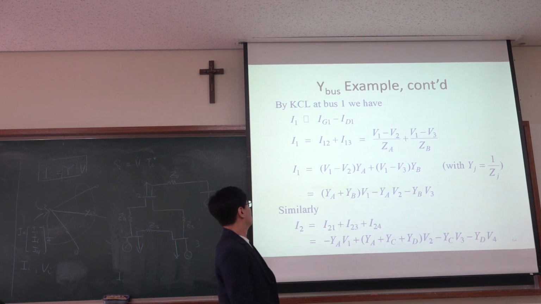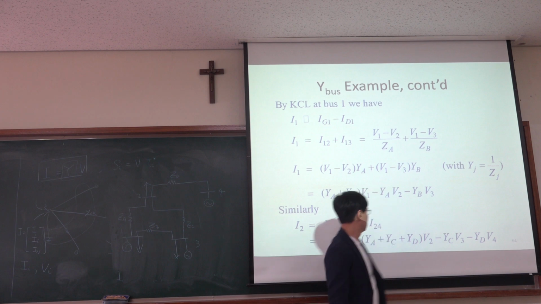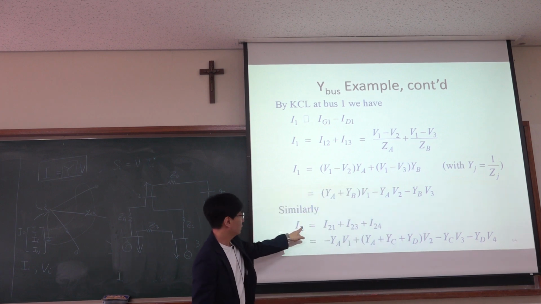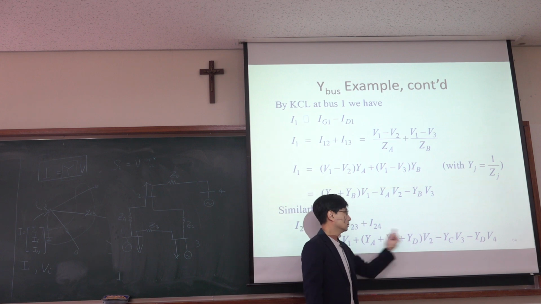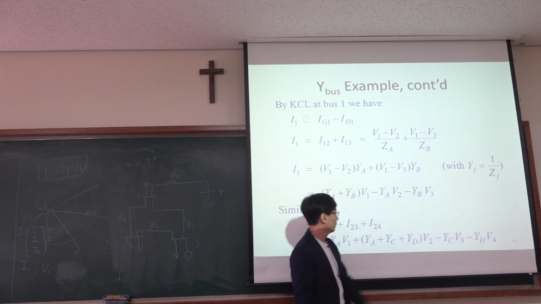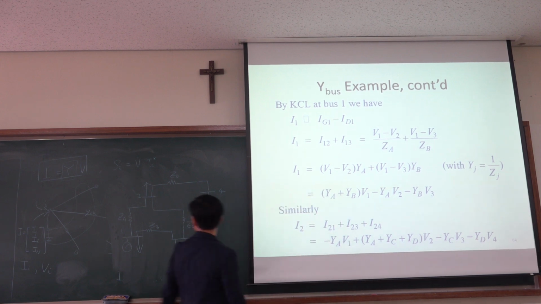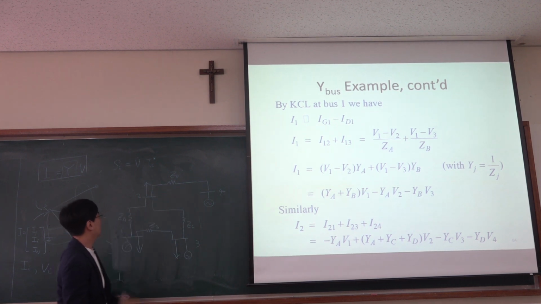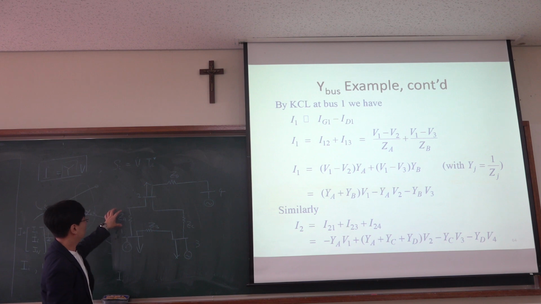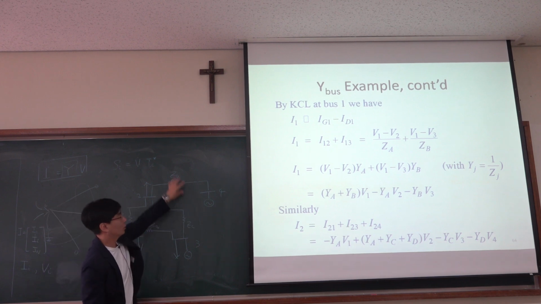Okay. Similarly, you can derive I2. And here again you see, this index is 2, and this V2, so this is one of the diagonal terms. And here, bus 2 has 3 lines, and the sum of the admittance is YA, YC, YD.